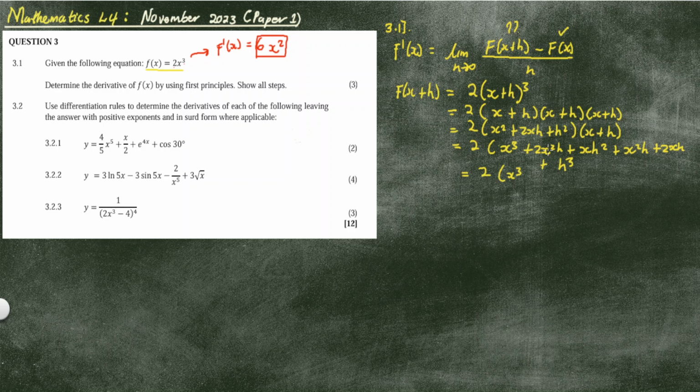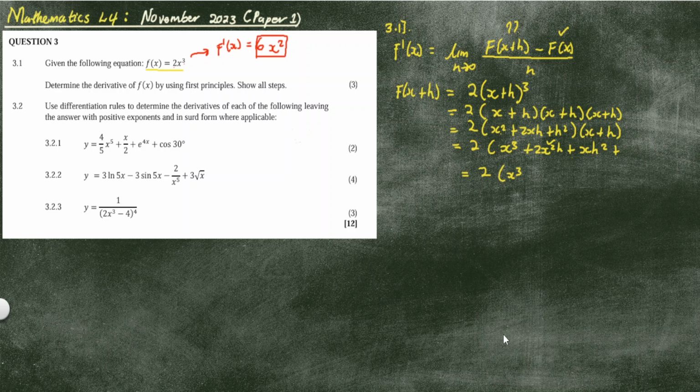Let's see if there are any like terms now. x cubed, this is a like term. I don't see any other like term. Let me run it one more time, I think I'm leaving out something.